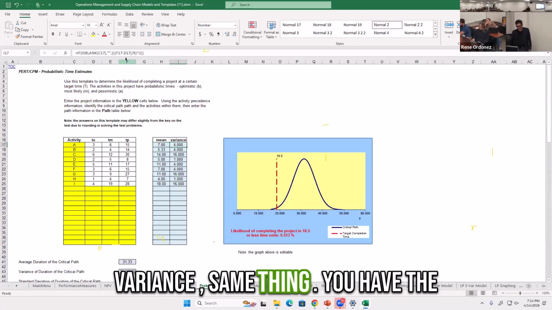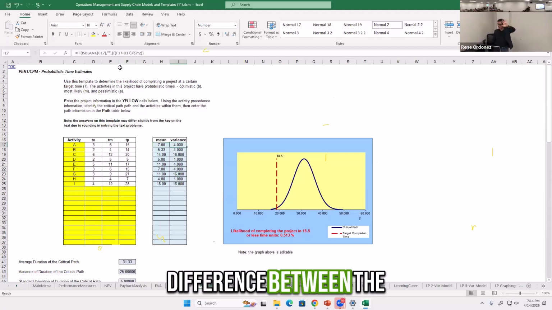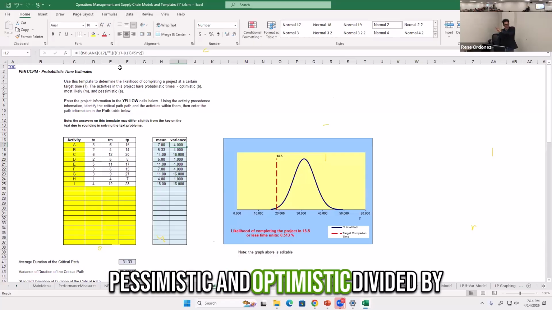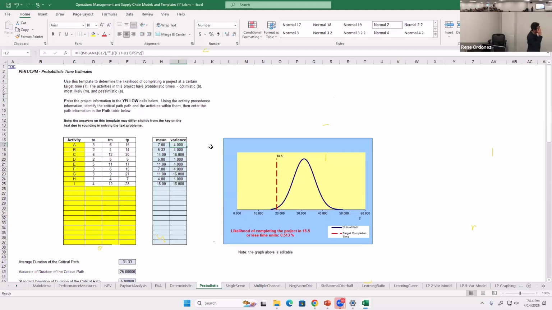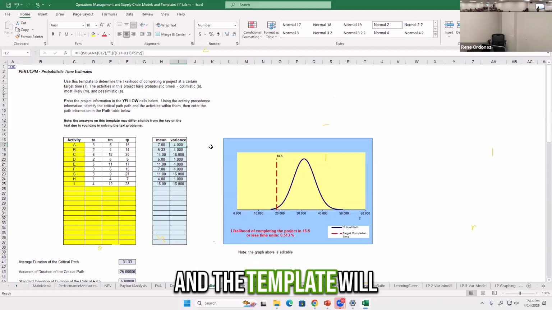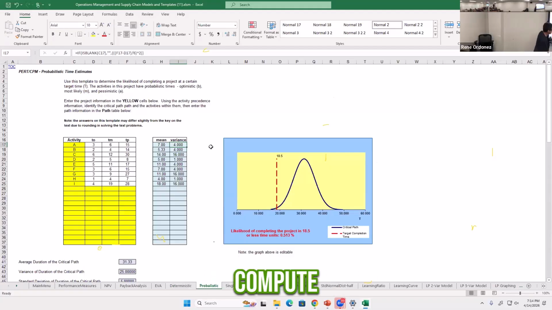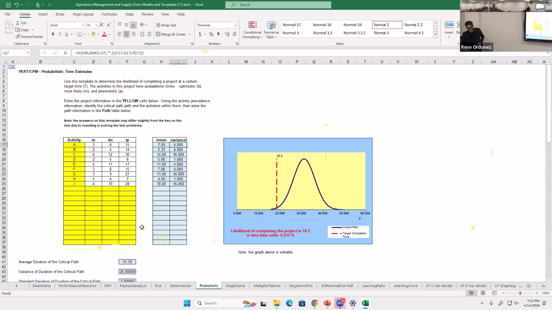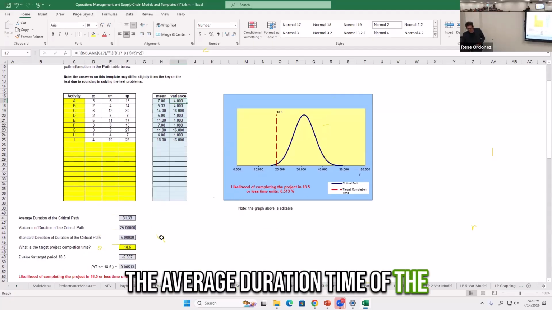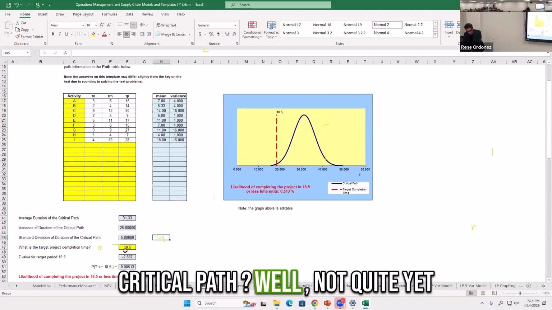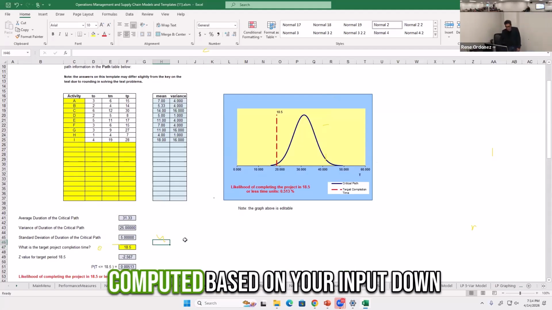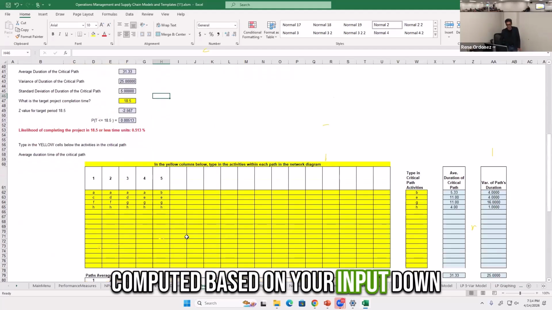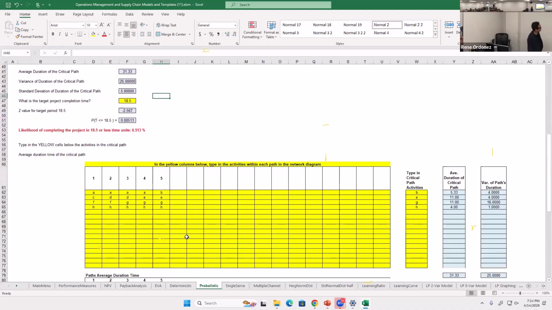The variance is the same thing: the difference between the pessimistic and optimistic divided by 6, squared. The template will compute the average duration of the critical path, though not quite yet, because these numbers will be computed based on your input down here.